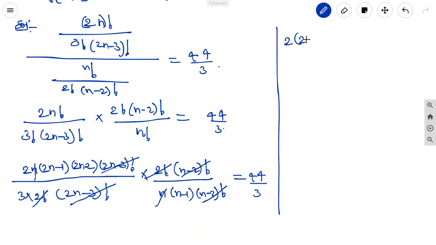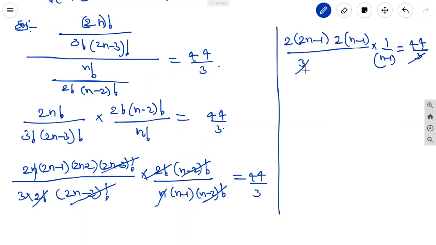Here 2 into 2n minus 1 into, taking 2 also common in the second factor, n minus 1 by 3 into 1 by n minus 1 equal to 44 by 3. The 3 on the right side and the 3 on the left side, in the denominator, get cancelled.